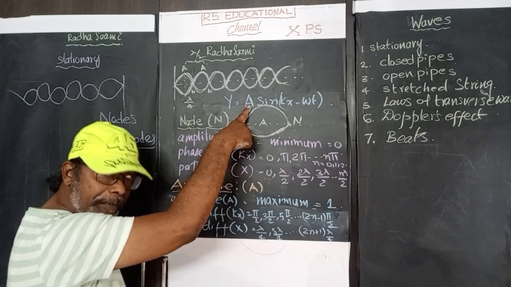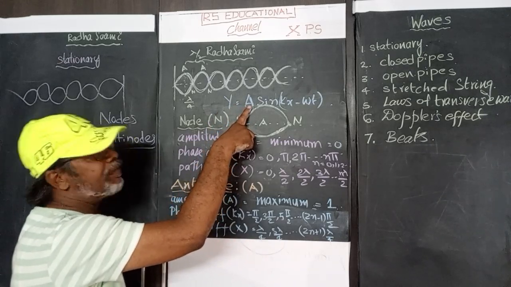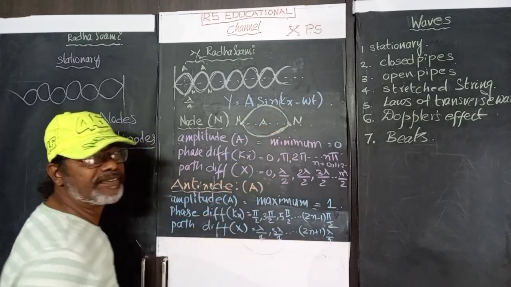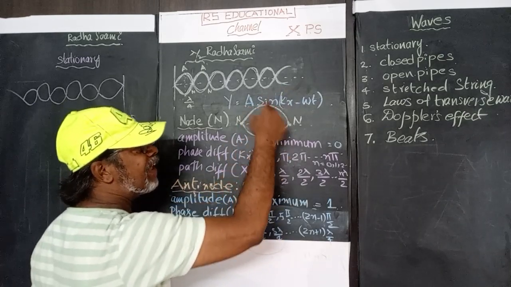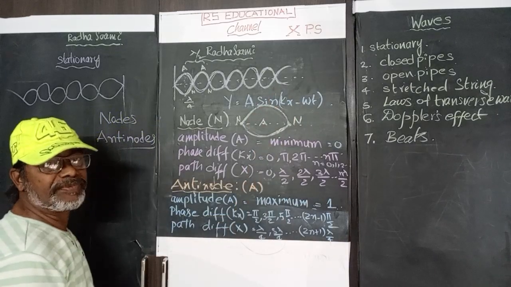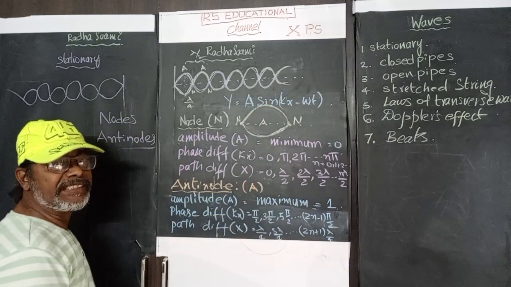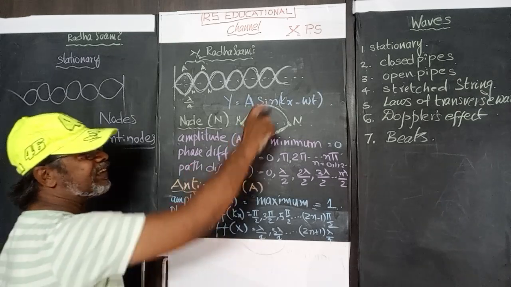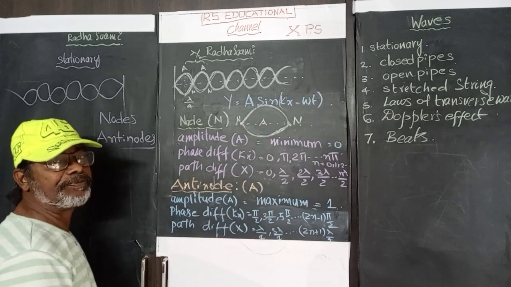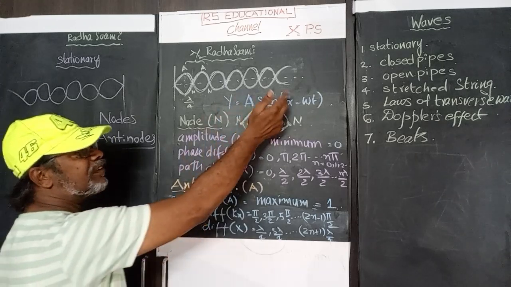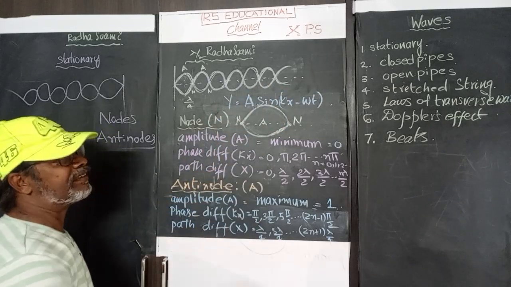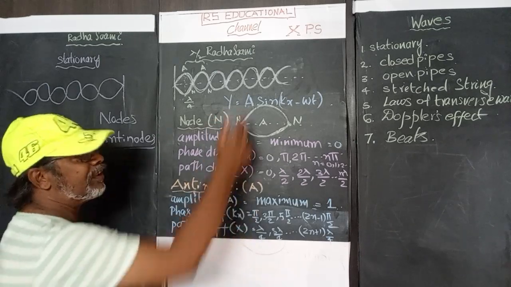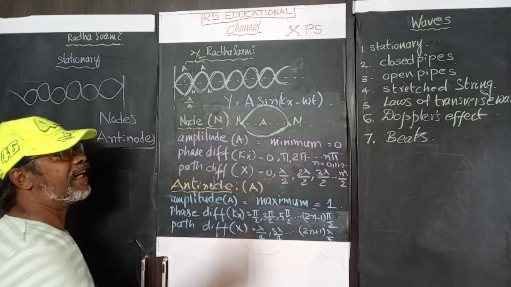A is called amplitude, kx is called the phase difference. So sin 0 is equal to 0, sin pi is equal to 0, sin 2 pi is equal to 0, sin 3 pi is equal to 0. That's why the phase difference is 0, pi, 2 pi, 3 pi. For kx equal to 0, we have only sin 0 equal to 0, so the amplitude is 0.